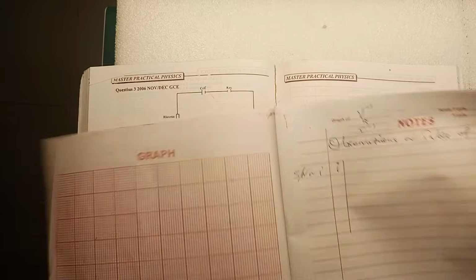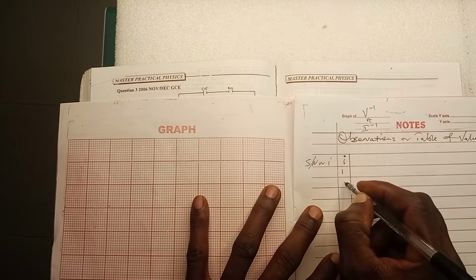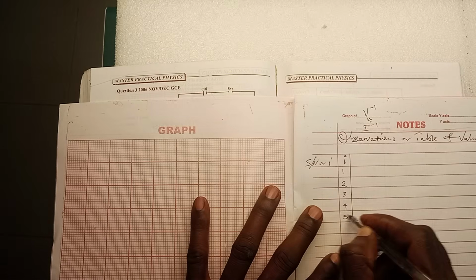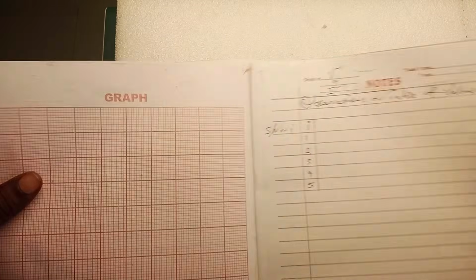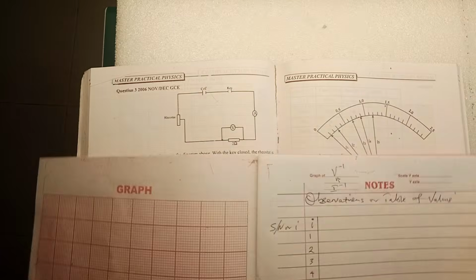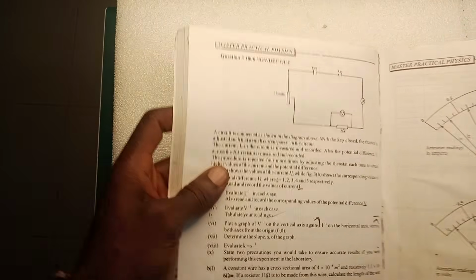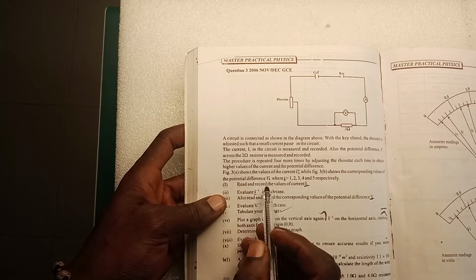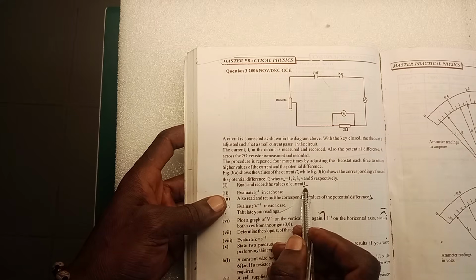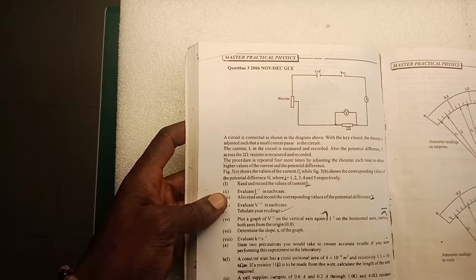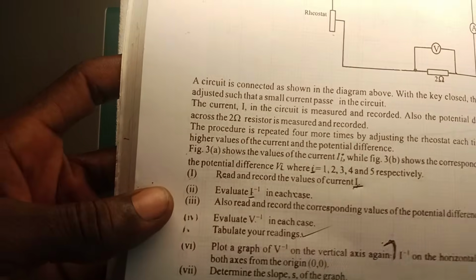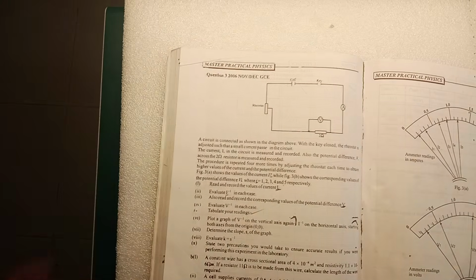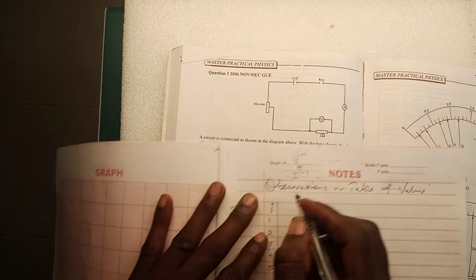Good. So we write 1, 2, 3, 4, and 5. That's it. The next thing we are to do here, they ask us to read and record the values of I. You can see that this I is a composite parameter. So we place it here.